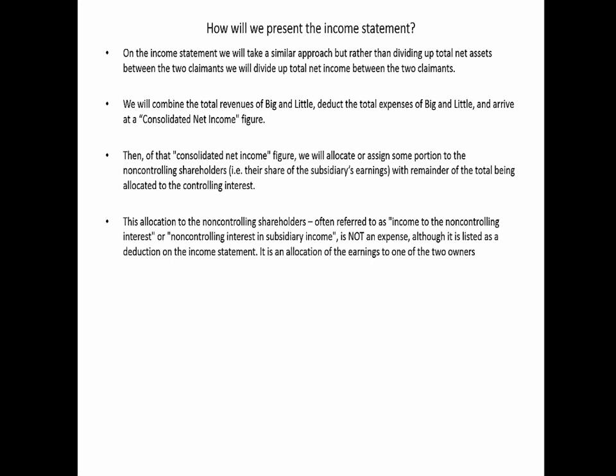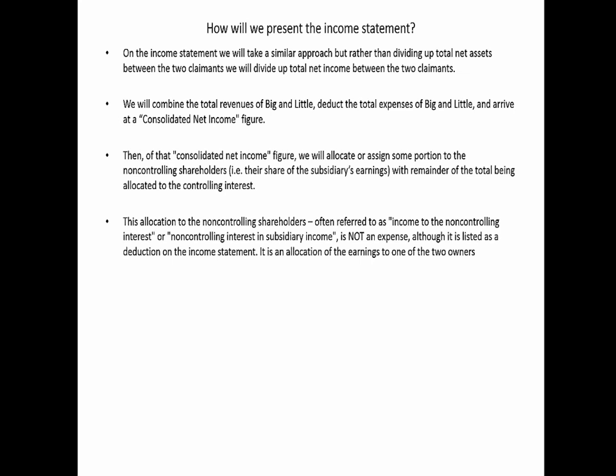Now, of that combined or consolidated net income, the majority of that, presumably, is owned by or claimable by the controlling shareholders, but there are these other equity holders, the non-controlling interest, who own a portion of the subsidiary's income. They own a portion of Little's earnings.